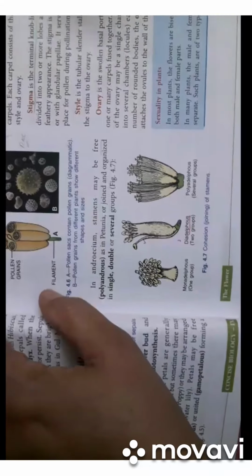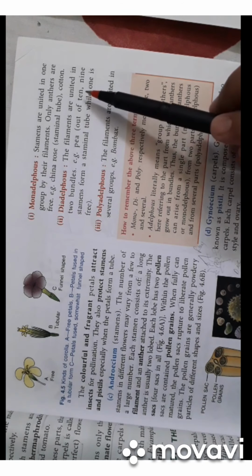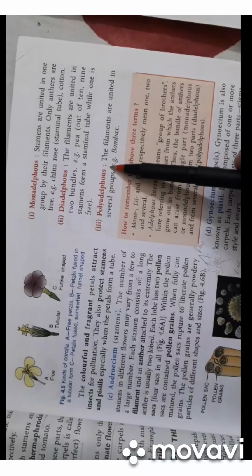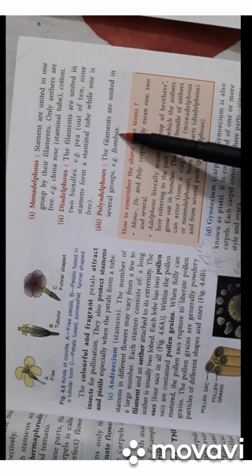Fine. So they have given you the examples, so you can remember one example. Monoadelphous like China rose, cotton. Diadelphous like pea. I told you there are 10 stamens, 9 form one tube and the 10th one is free. Or polyadelphous, for example, bombax.